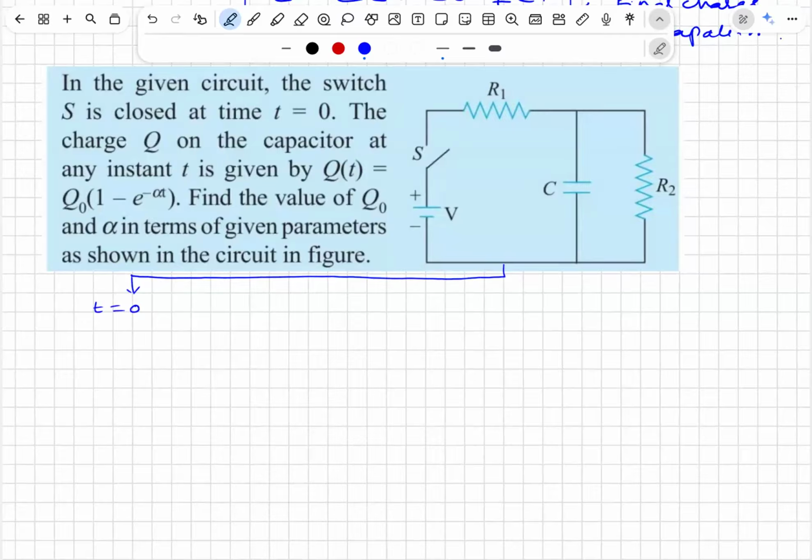T tends to infinity part gives you what is the maximum charge in this?